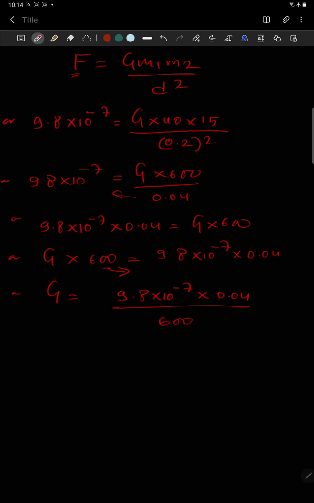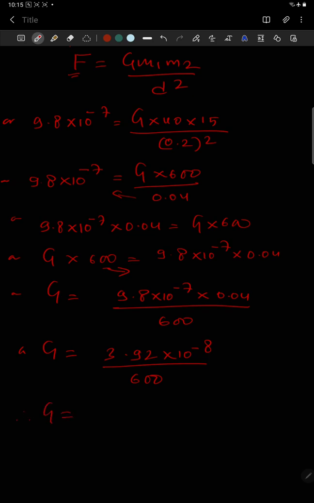Now let us do the calculation using a scientific calculator. I'm multiplying 9.8 times 10 to the power minus 7 into 0.04. It comes 3.92 into 10 to the power minus 8 by 600.